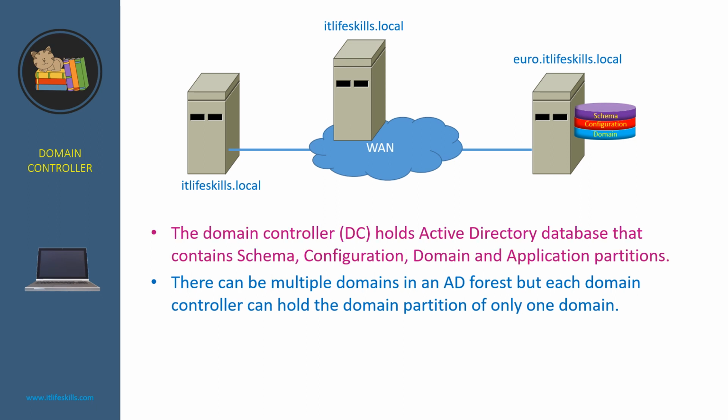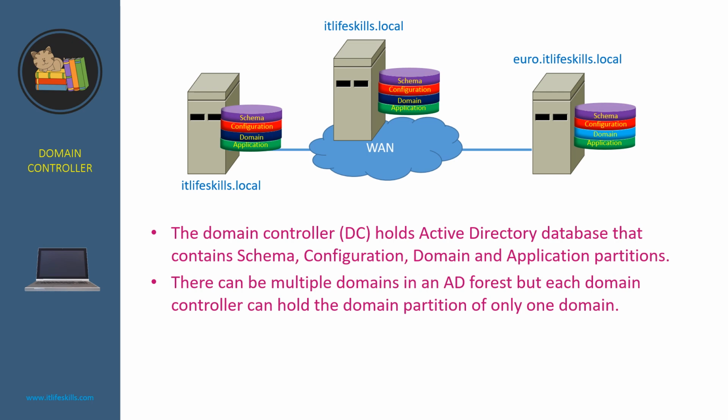The domain controller, or DC, hosts Active Directory database that contains schema, configuration, domain, and application partitions. There can be multiple domains in an AD forest, but each domain controller can hold the domain partition of only one domain.